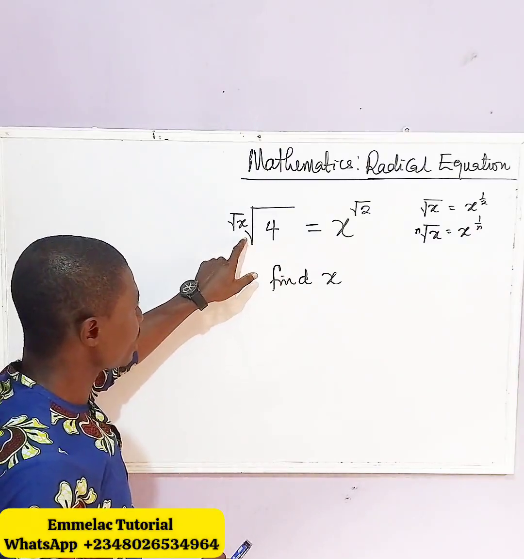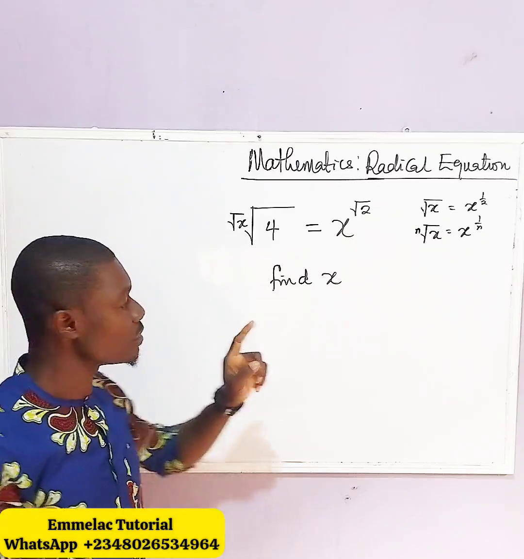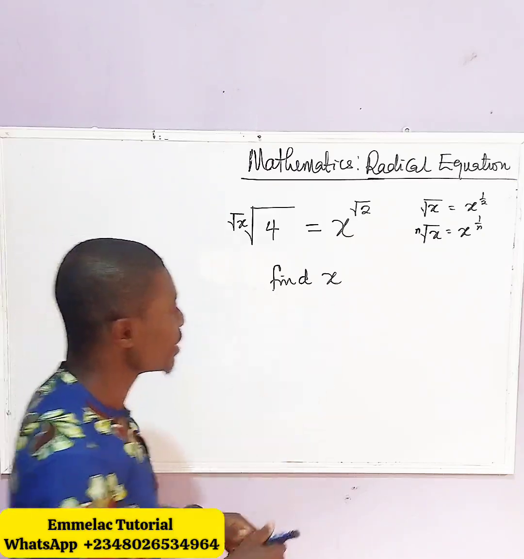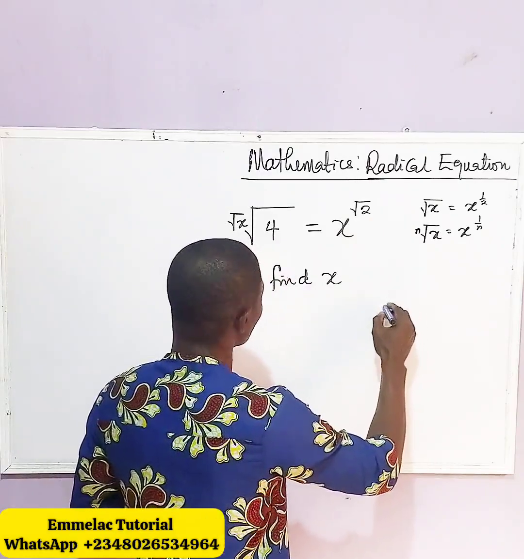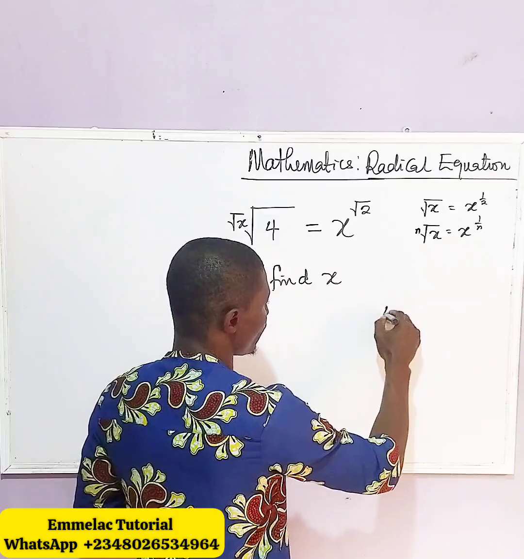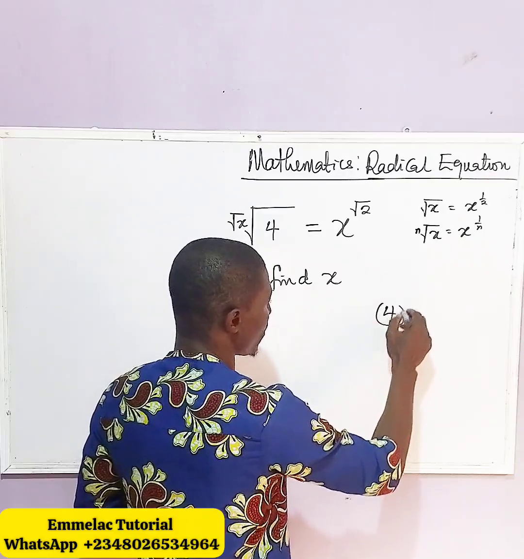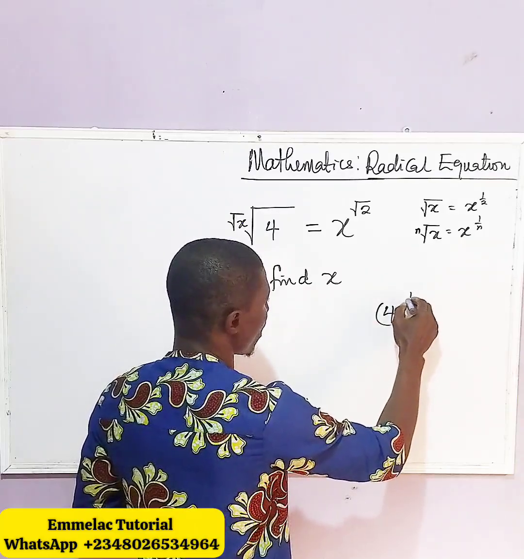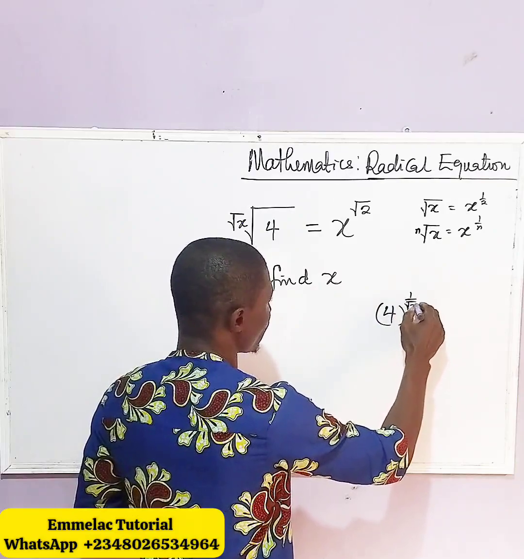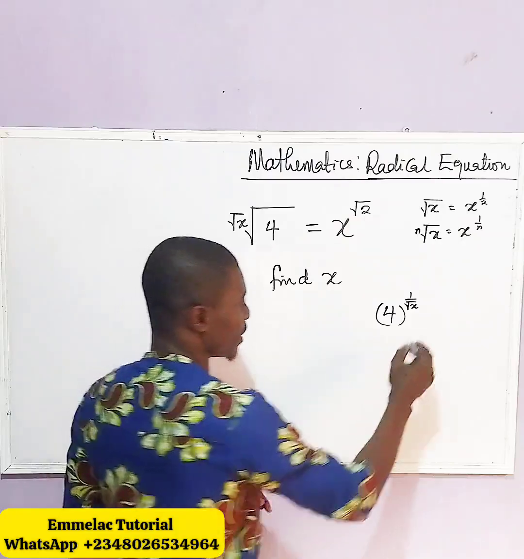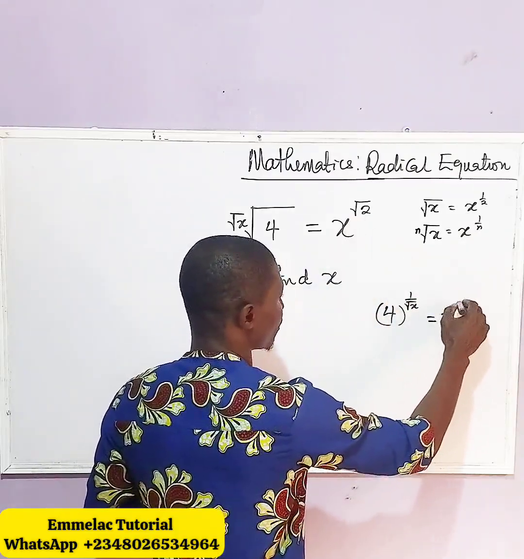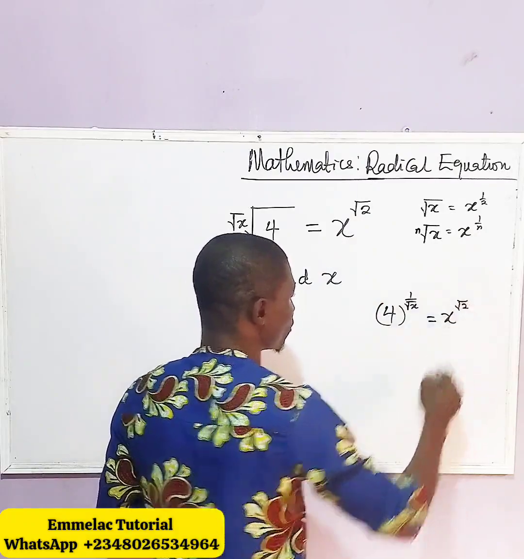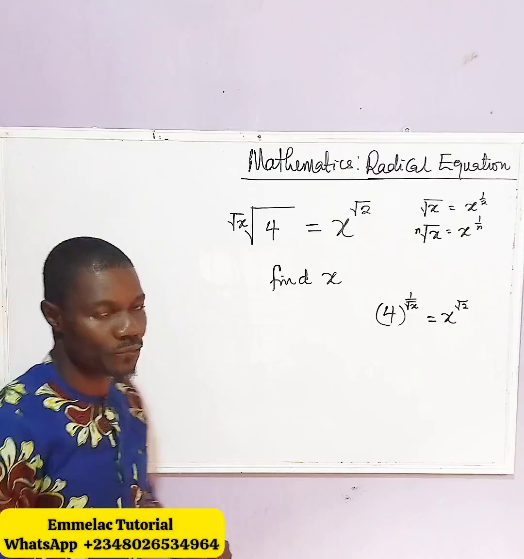Now, to this end, the left hand side of this equation we can rewrite as 4 raised to the power of 1 all over the square root of x, then equals the right hand side, x raised to the power of the square root of 2.